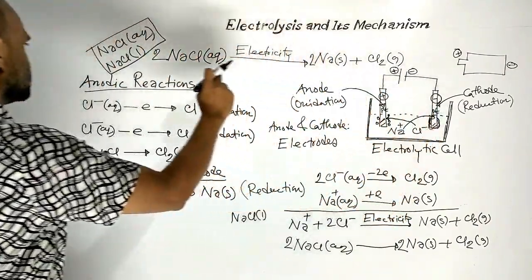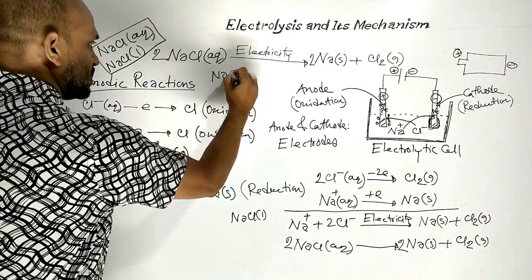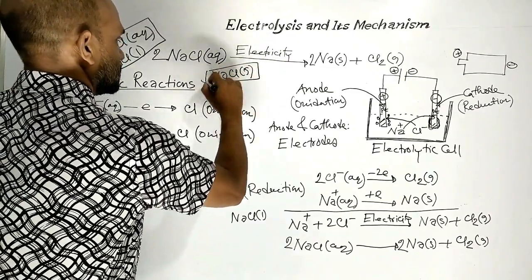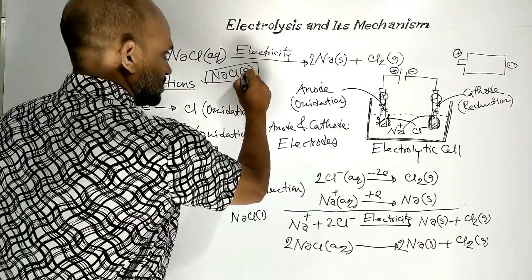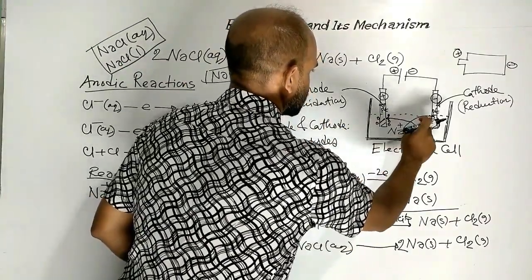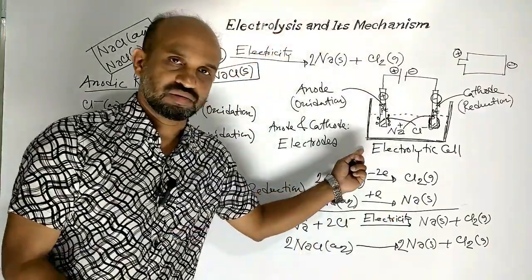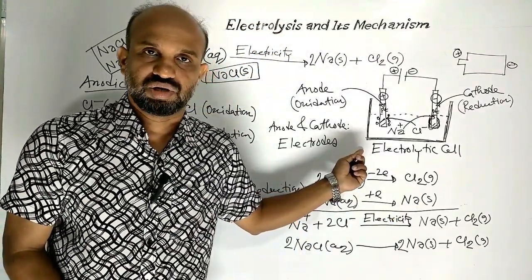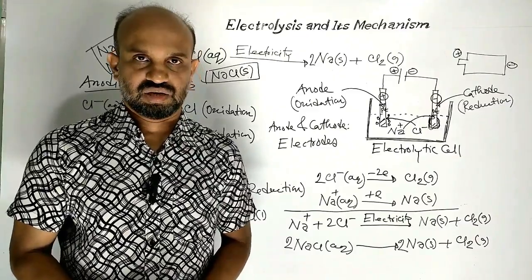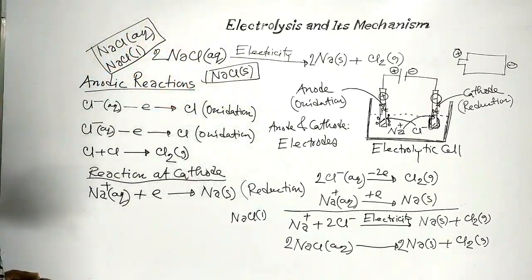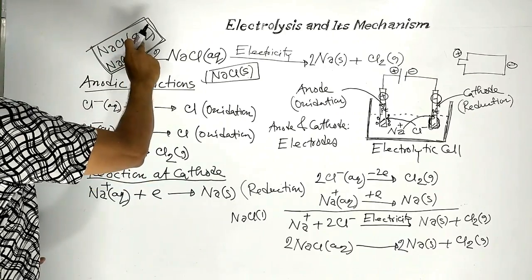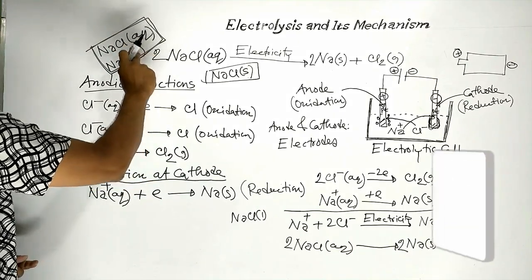If we use solid sodium chloride, then ions cannot move towards the anode and cathode, and no reaction will occur due to the lack of movement of the ions. That is why it should be an aqueous solution or at least a molten state.